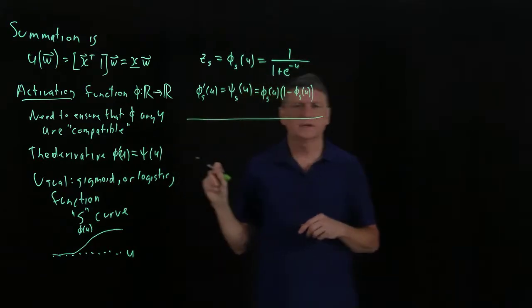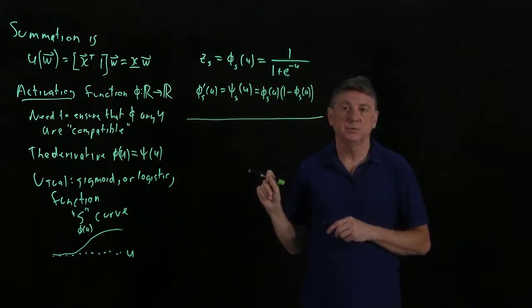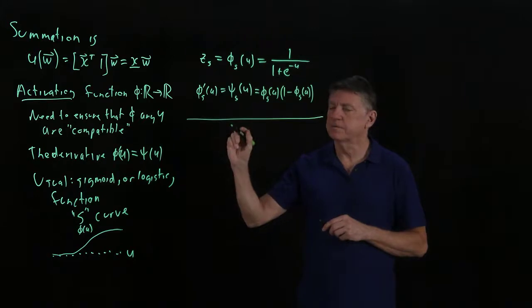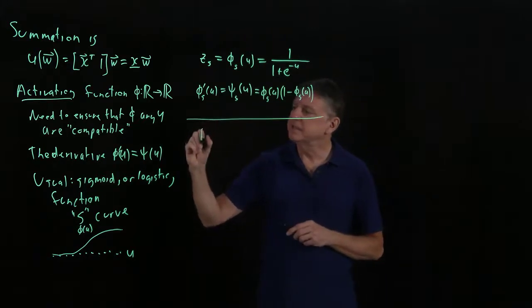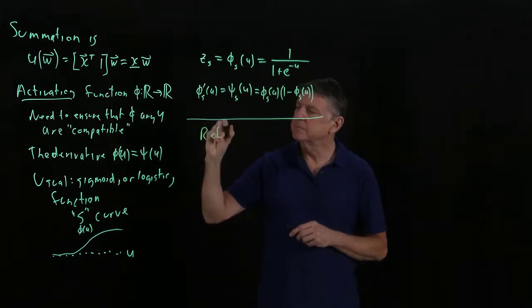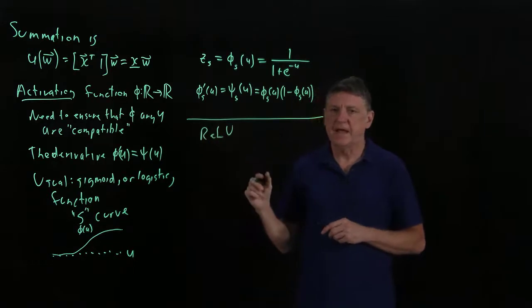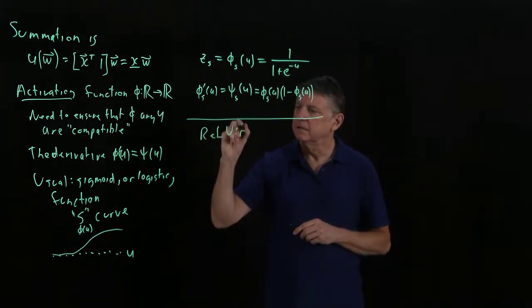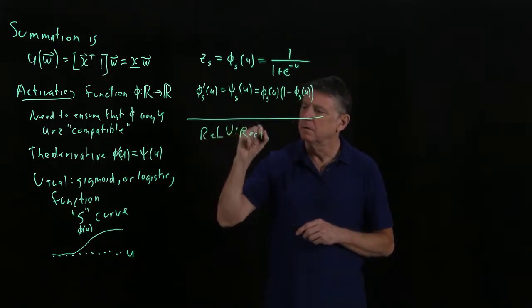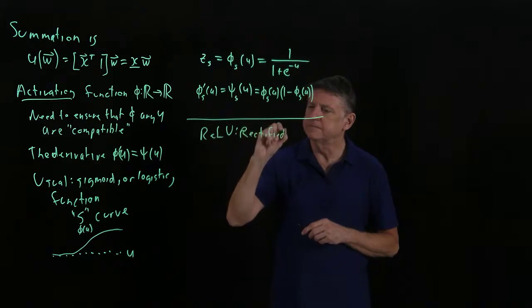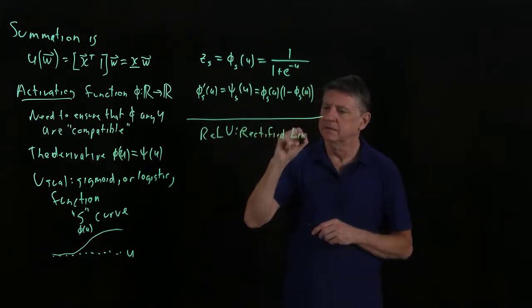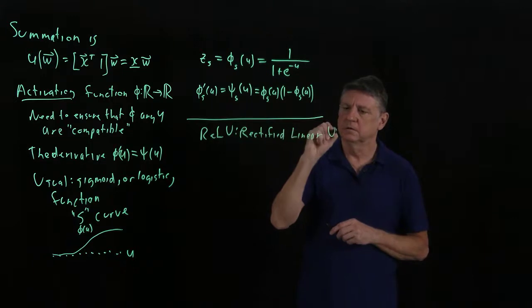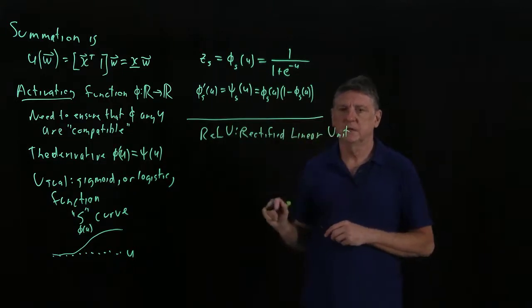Another activation function that's often used in artificial networks is sometimes called the ReLU, the rectified linear unit.